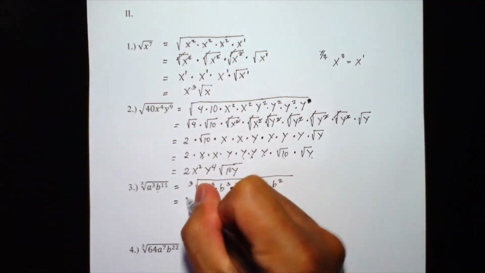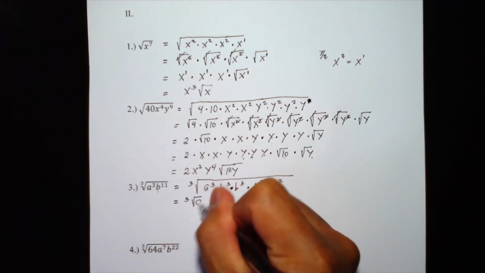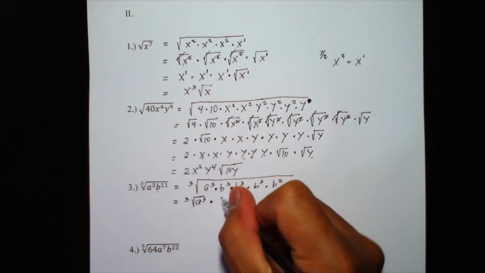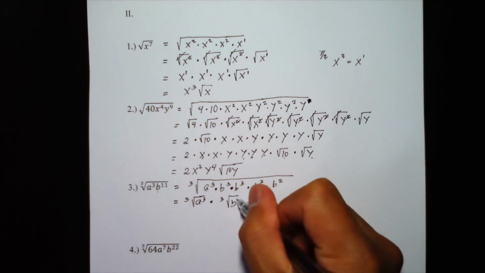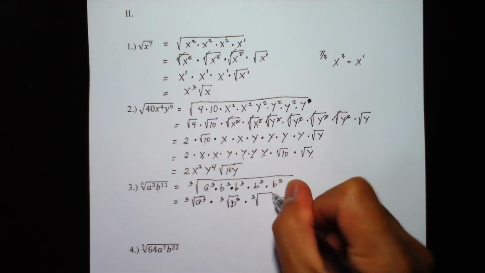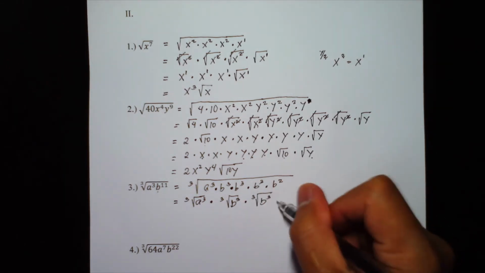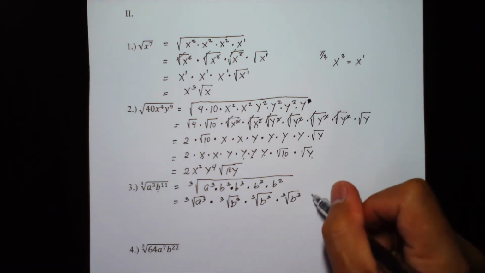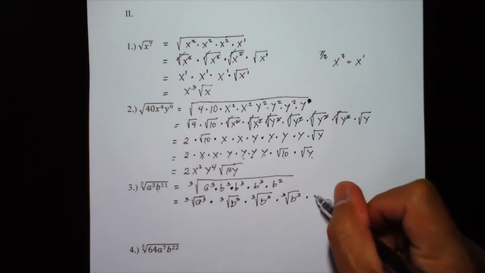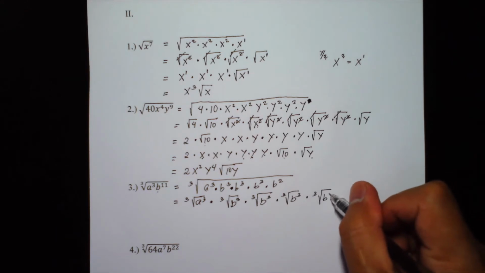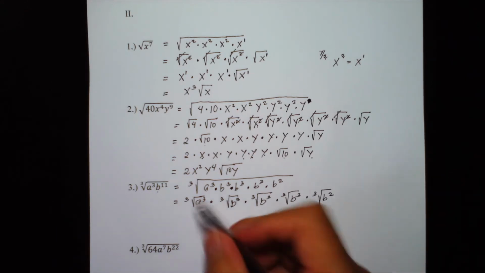So we have the cube root of a cube multiplied by the cube root of b cube multiplied by the cube root of b cube multiplied by the cube root of b cube and multiplied by the cube root of b square. Okay, so we need now to cancel this.